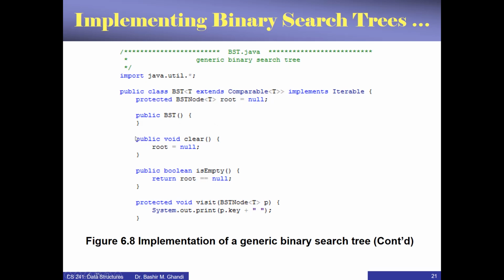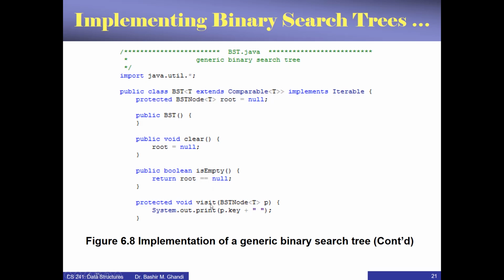We can also explain these easy methods. Clear is to empty the tree simply by setting root to be equal to null. The isEmpty method will return true if root is null and false otherwise.